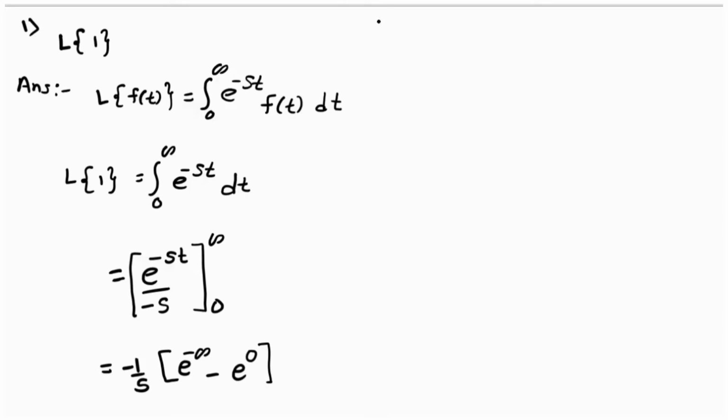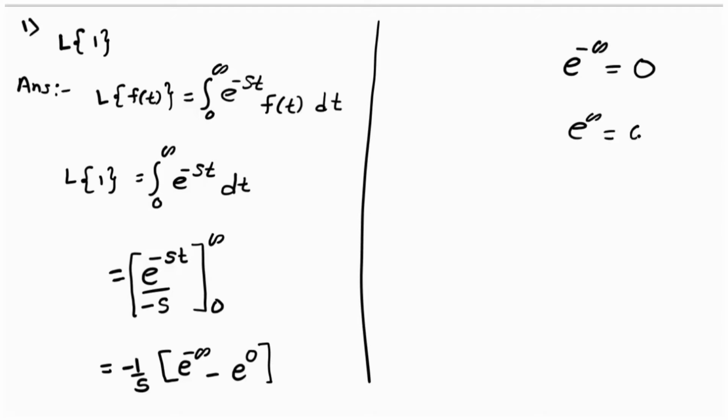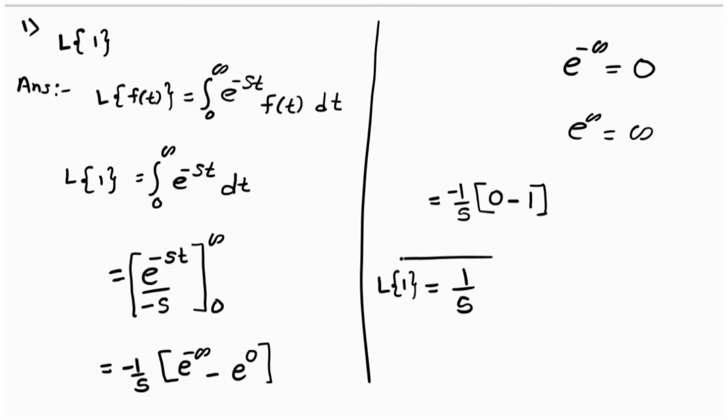And e raised to the power minus infinity becomes 0. If we take e raised to the power infinity, it is not defined, but for minus infinity it is 0. So here it is minus 1 upon s as the outside term, and the bracket is 0 minus 1, since e raised to the power 0 is 1. Therefore, we get the answer 1 upon s. So hence, Laplace transform of 1 is 1 upon s.